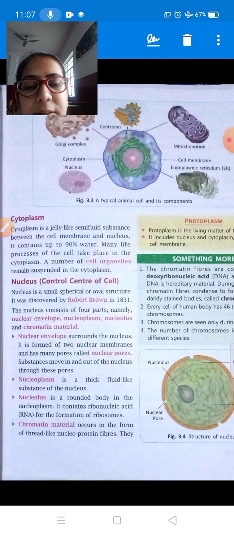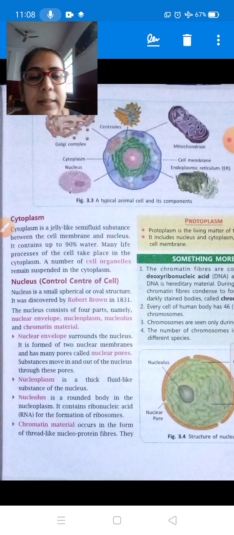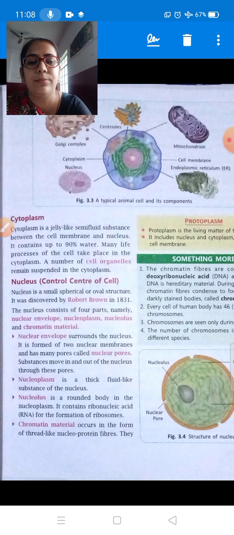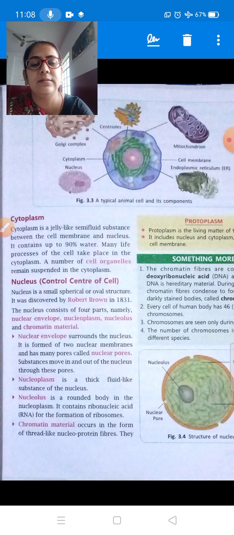Many chemical reactions and life processes of the cell take place in this cytoplasm. All the reactions which take place in the cell mainly take place in the cytoplasm, and cell organelles are also there.